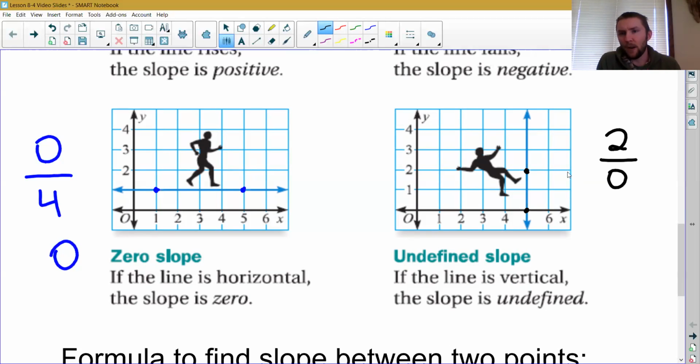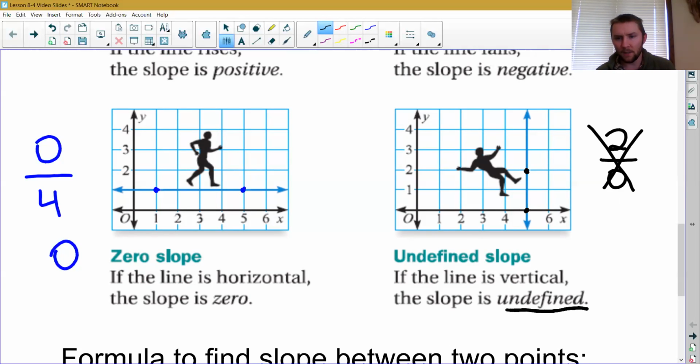So I end up with this fraction, 2 divided by 0, but 2 divided by 0, just like any other number divided by 0, is not really allowed, right? We're not allowed to divide things by 0. If we try that on a calculator, it would tell us error because we can't divide by 0. So what we say is that that slope is what we call undefined.